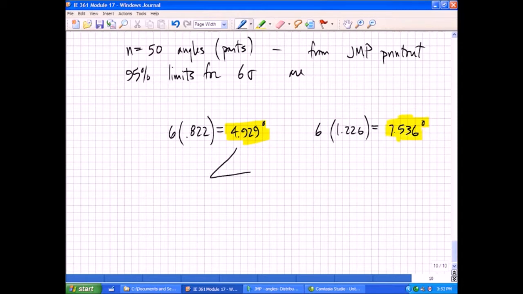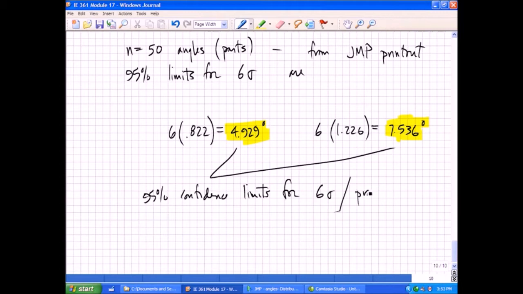There are my 95% confidence limits for 6 sigma, that is, the process capability.